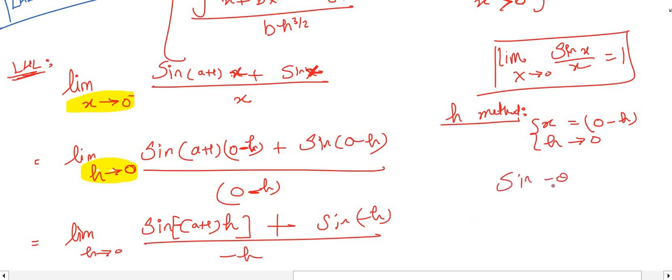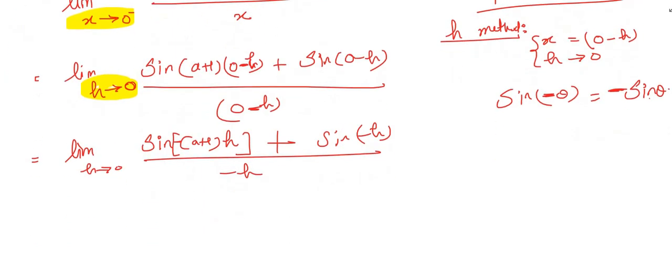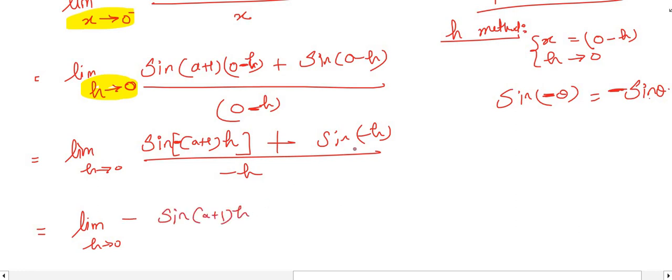We know one thing, sine of minus theta is minus sine theta. We know that. This minus comes in front. So limit h tending to 0, this minus will come in front, so it will become minus sine of (a plus 1)h. And this minus will come in front, minus of sine h by minus of h, okay?